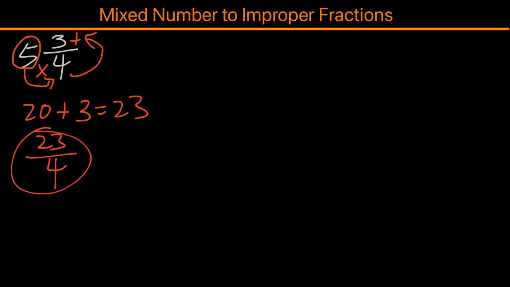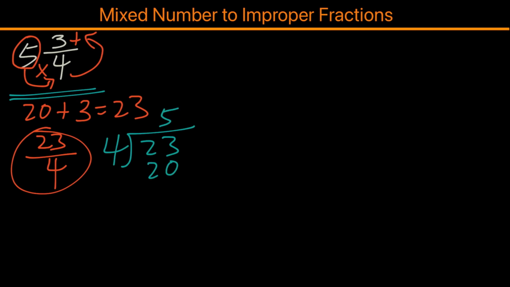Now we can check. If we want to check if we did this correctly, all we have to do is divide the numerator by the denominator and see if the answer comes out to 5 3/4. So we take 23 divided by 4, and here we'll have 5, 20, so 23 minus 20 is 3.